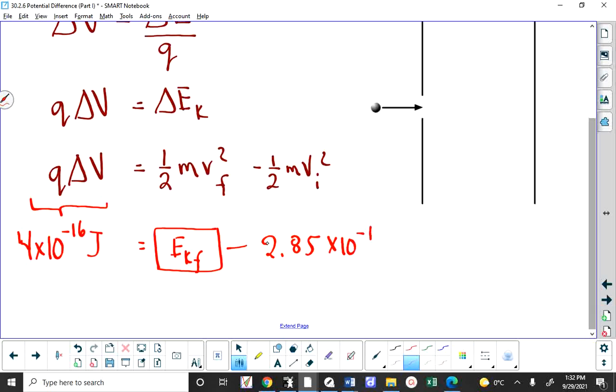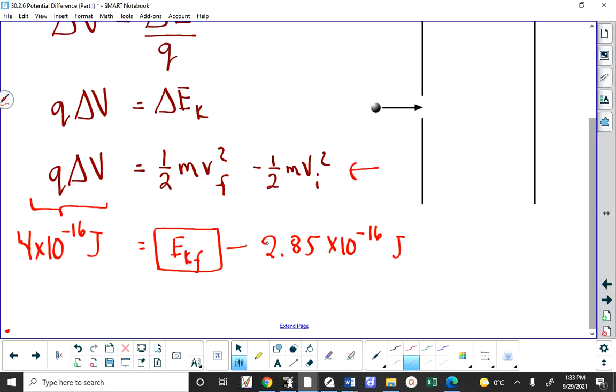I could be that kind of physics teacher who just says, okay, here's the formula, let's put the numbers in, let's calculate it. But I want you to think about what we're saying here. This is the change in energy. This 4 times 10 to the negative 16 joules is how much energy is added to the electron. This 2.85 times 10 to the negative 16 joules is how much energy, it was kinetic, it already had. So if you had $285 in your pocket and I added 400, then you would add those numbers to find out your final money.